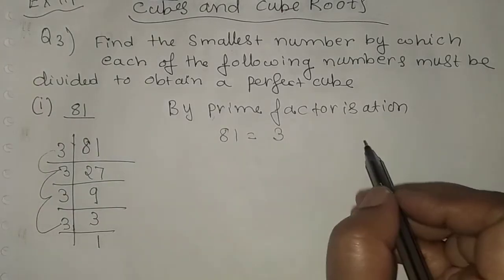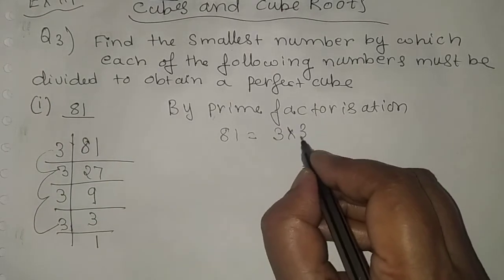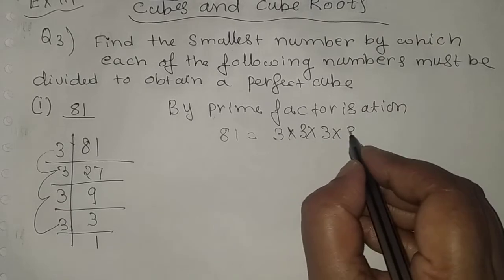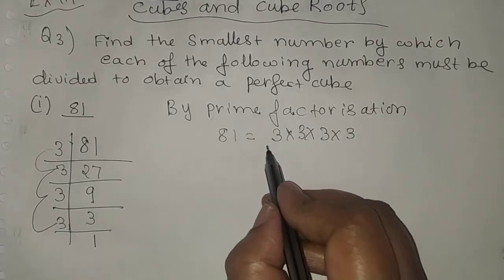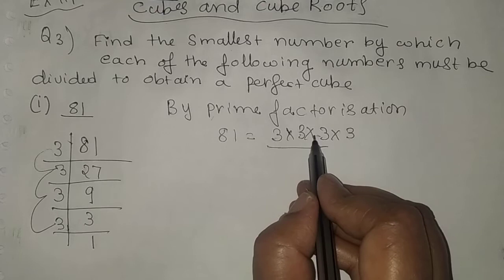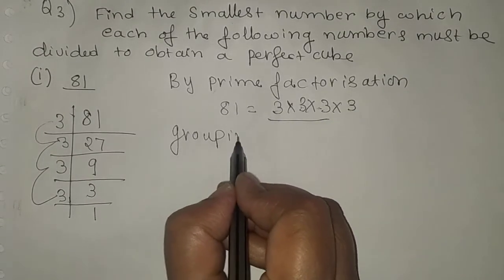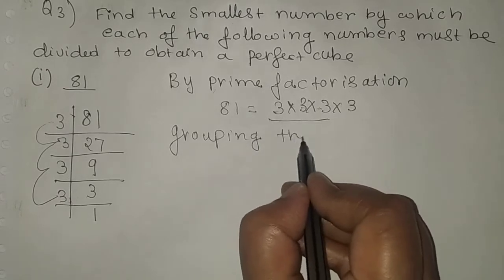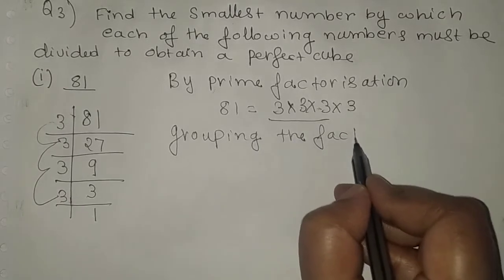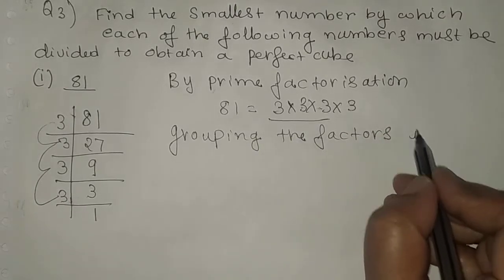There are four 3s. One triplet we get, 3 into 3 into 3. So grouping the factors in triplets.